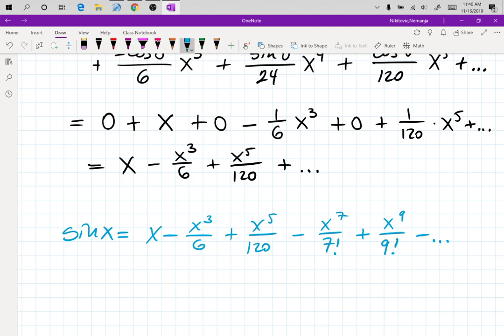I just added a whole bunch of terms because I know them. It's 5040 for 7 factorial. Something like that, yeah.